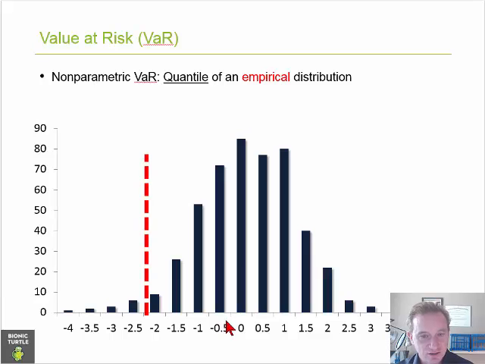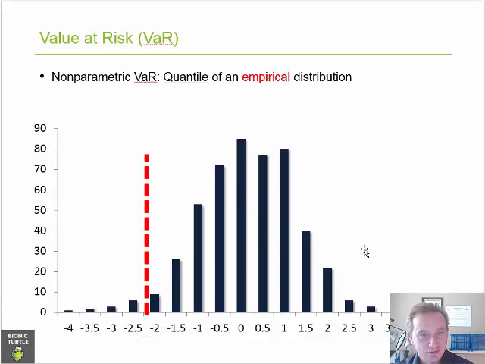You can see it sort of looks normal here. And VAR is going to select a quantile and say that here's our significance level, here's our confidence level as the area under the curve. And so given this sort of empirical distribution, VAR is going to expect losses to exceed this level, whatever this tail area is, 1 or 5% of the time.